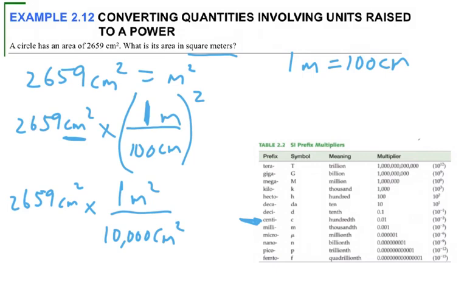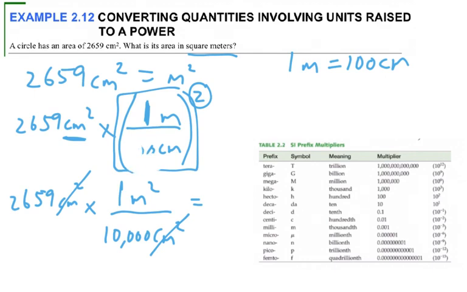Now notice by squaring the conversion factor, the units are identical and they cancel. So instead of dividing by 100, you actually end up dividing by 10,000.